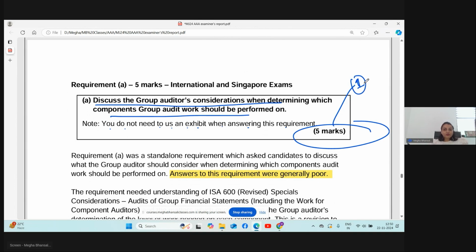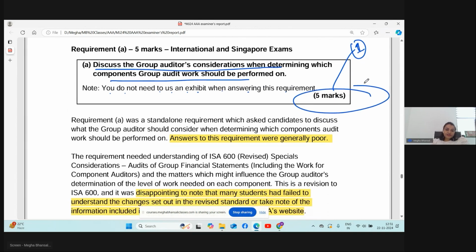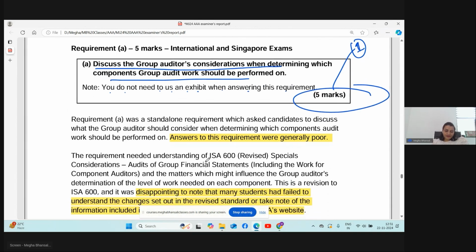These questions normally come from syllabus changes or anything new that has been added, or current issues. Normally that's the trend. So in the last attempt there was a revision of this standard, the standard on audit of group financial statements.